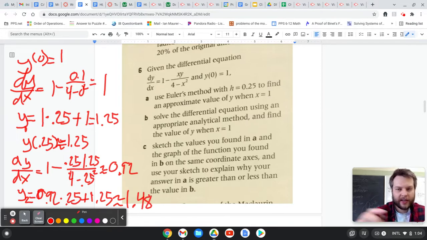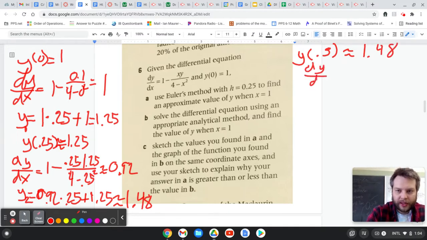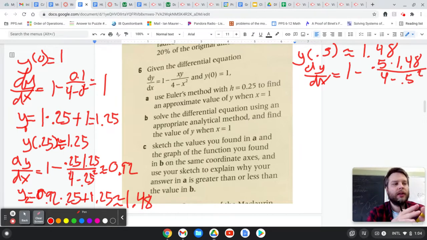All right, let's slide that down to our next approximation. So we are approximating that the y value at 0.5 is approximately 1.48. Let's do our dy dx again. 1 minus 0.5 times 1.48 over 4 minus 0.5 squared.